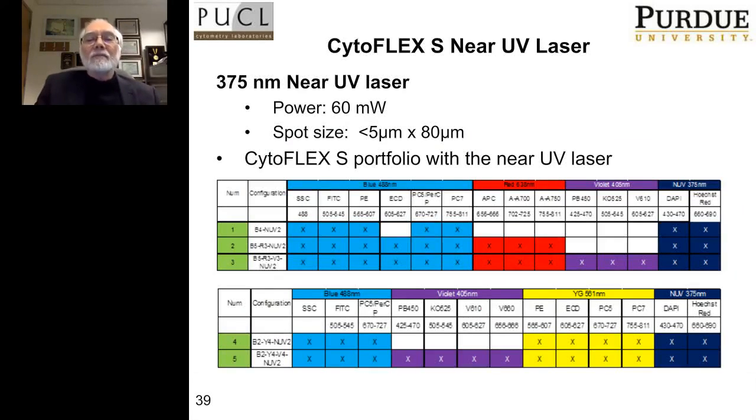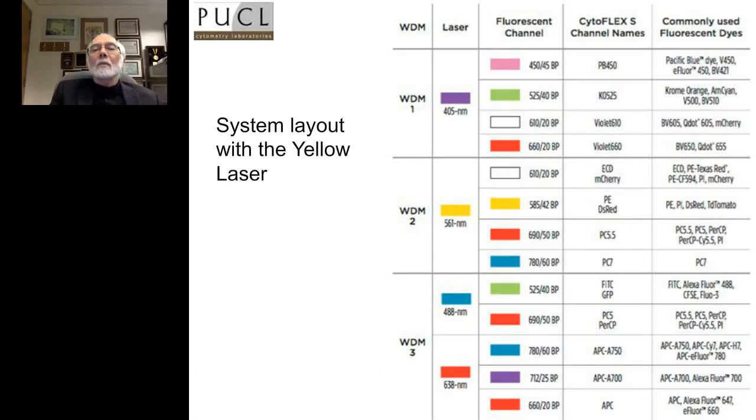So I've just outlined here some of the types of layouts that you can have, and you can see that changing a system is very simple. Now, it is true that you're going to have a fixed laser combination on whatever instrument that you get, but within that fixed laser layout, you have quite a large number of possibilities.